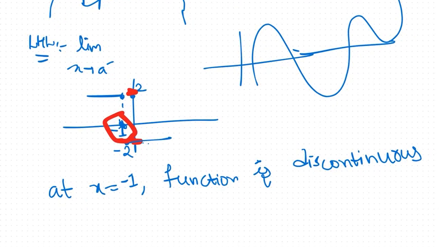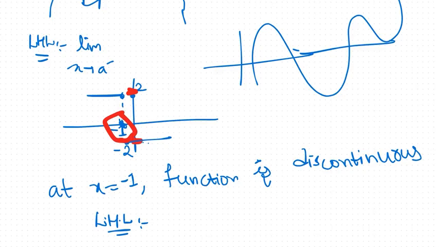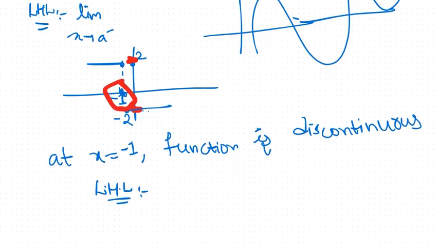So just before -1, LHL will be how much? Take the left approximate value of the graph, just before -1, somewhere around here, right?